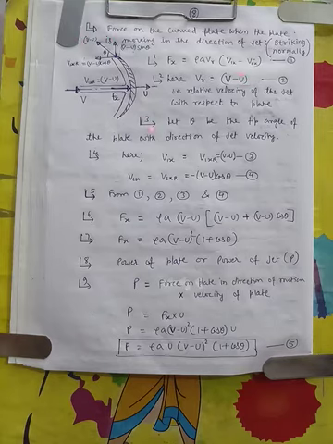Here the relative velocity is more convenient to calculate. The result will not be affected either way; I will show you that in the next page or in the next classes.